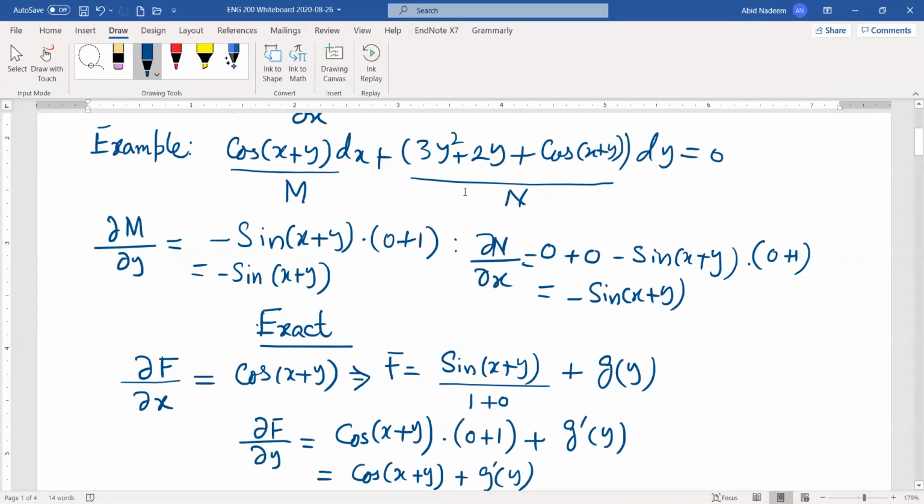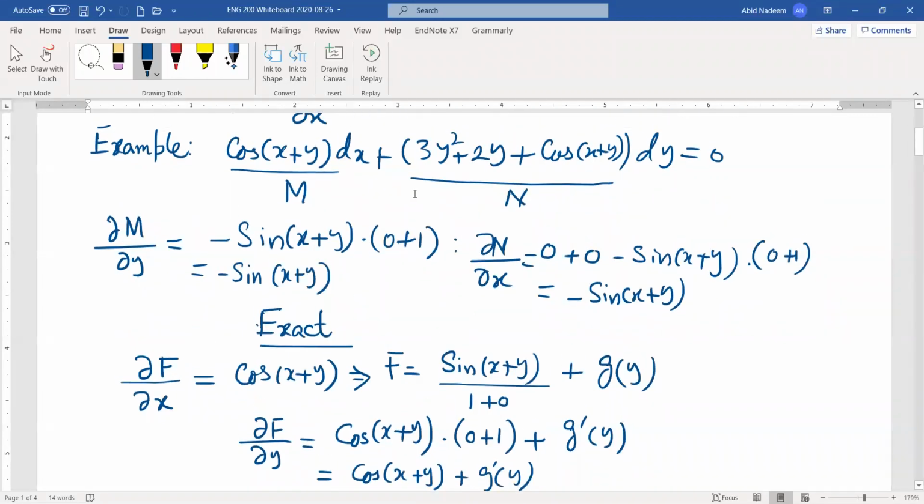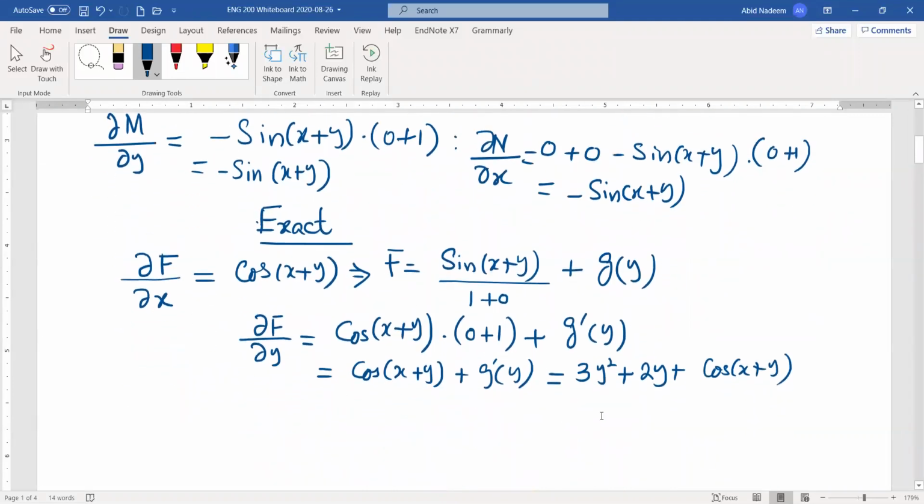So what is that N function? N function is this. So by definition, it should be equal to N function: 3y square plus 2y plus cosine of x plus y. So this should be equal to N.